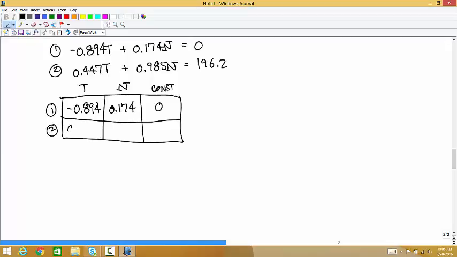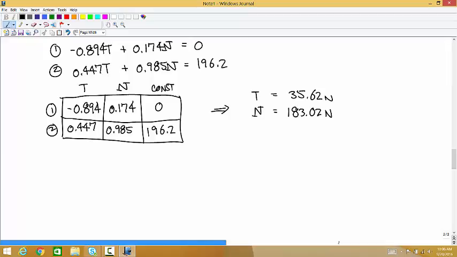The second equation says 0.447 T's, N's we have 0.985, constant 196.2. Can someone tell me what you get if you use reduced row echelon form there? T is equal to 35.62. And N is equal to 183.02.